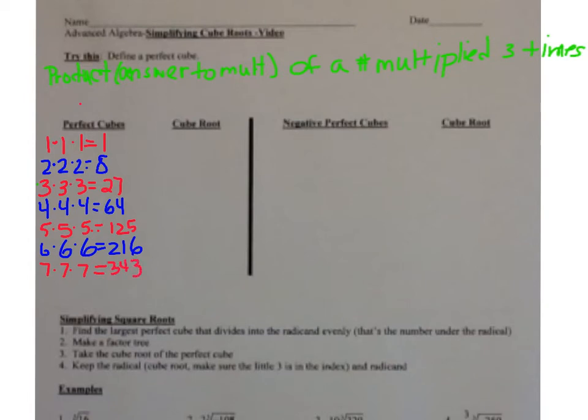And we'll do one more. 8 times 8 times 8 is 512.